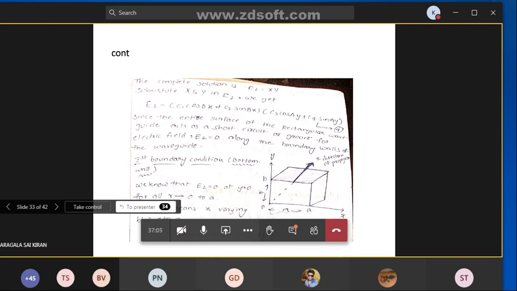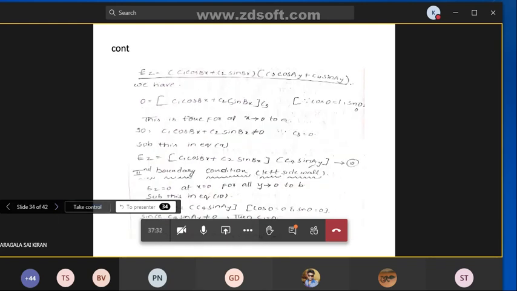So understand these two boundary conditions. In the first boundary condition, y equal to 0, x changes from 0 to a. In the second, at x equal to 0, y changes from 0 to b. So that is the second boundary condition: at x equal to 0, for all y from 0 to b.